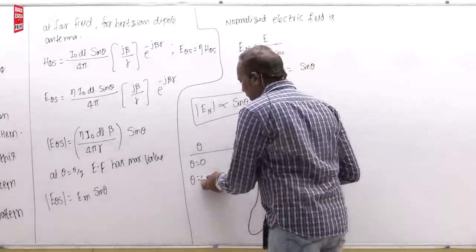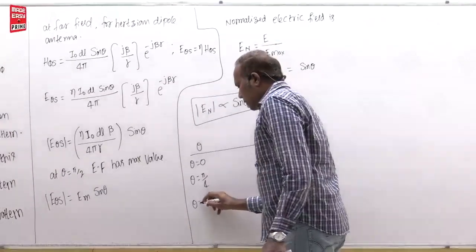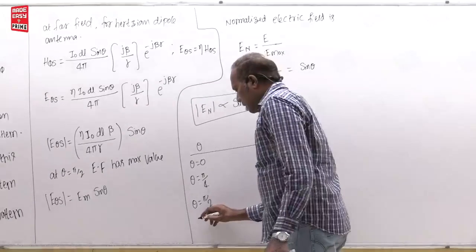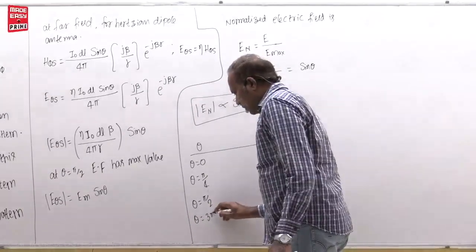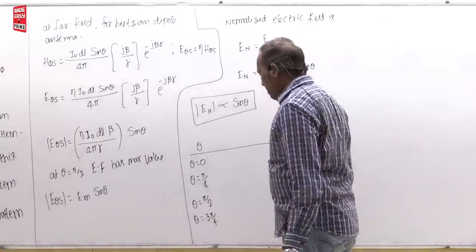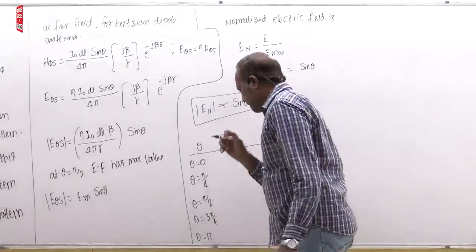Otherwise, you can take 45 also, no problem. You can check different angles, theta is equal to 90, theta is equal to 3 times pi by 4, and theta is equal to 180 degrees.